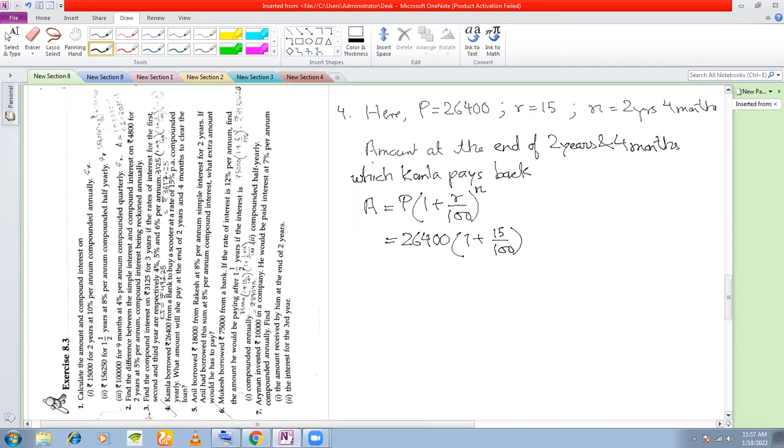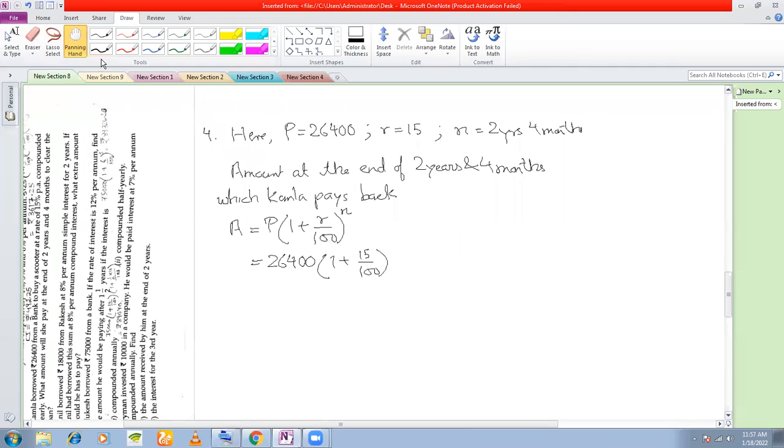Now 2 years, 4 months, you better change this to years. This means 2 years plus 4 by 12 years, which is 2 plus 1/3. If you take the LCM, you're going to get 7 by 3. Or let's keep it at 2 plus 1/3 instead of taking the LCM. This is the number of years, right?